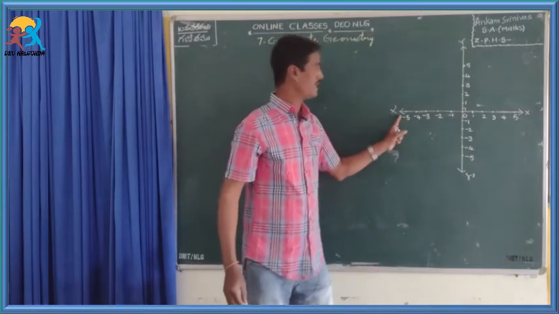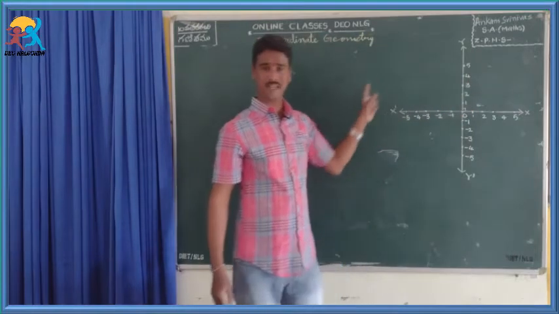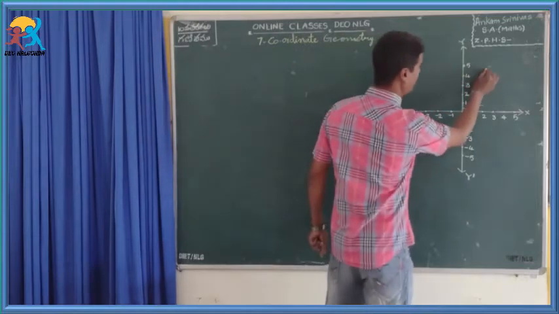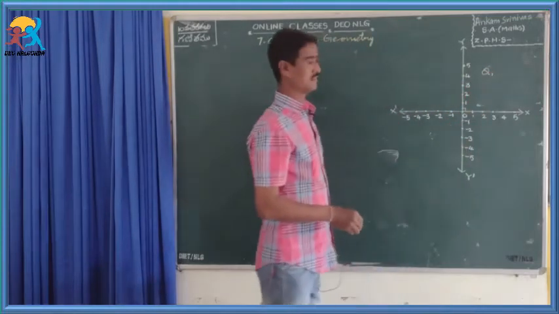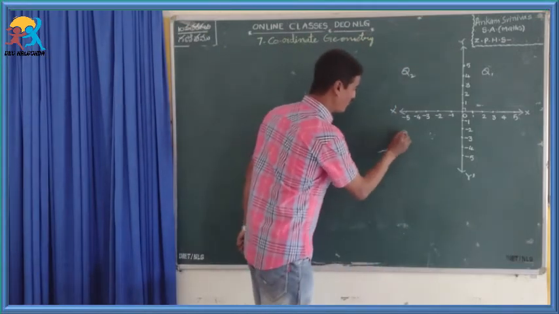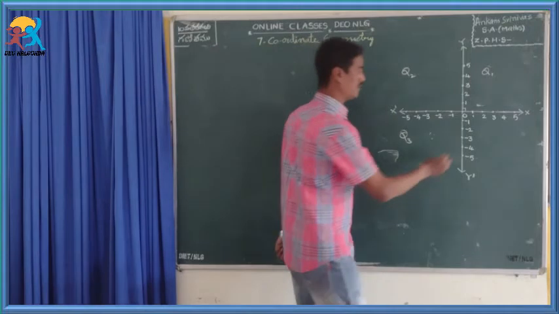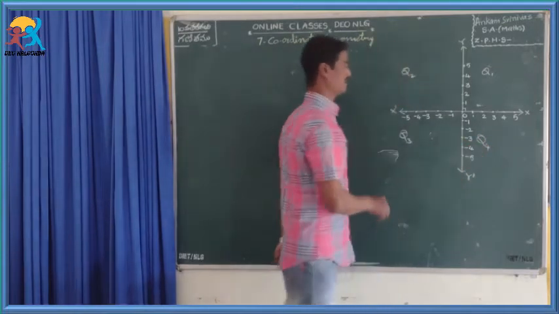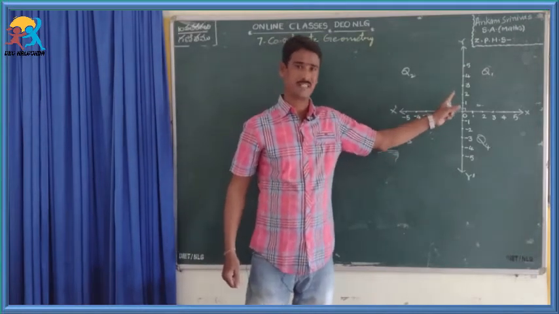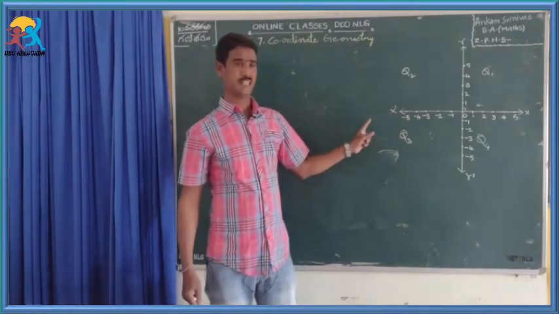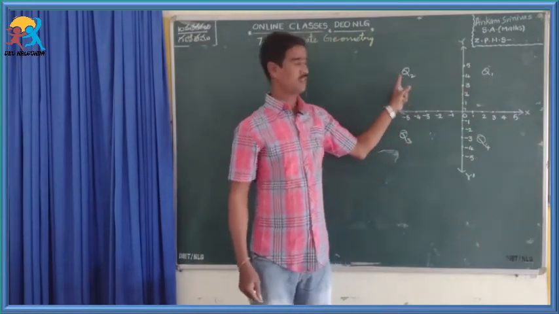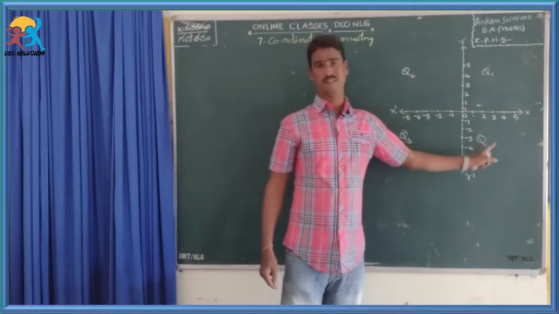Now, the x-axis and y-axis divide the plane into 4 quadrants, namely quadrant 1, quadrant 2, quadrant 3 and quadrant 4, in anticlockwise direction.